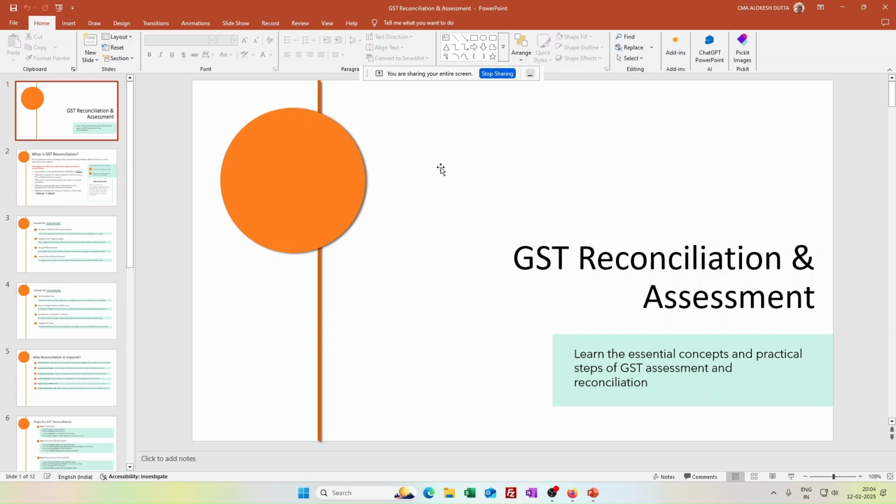Now, as on today, we'll discuss the most vital part of GST, that is reconciliation and assessment. I once again repeat that filing of income tax or GST return is a clerical job.